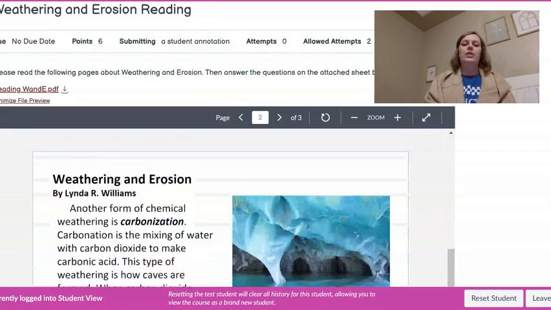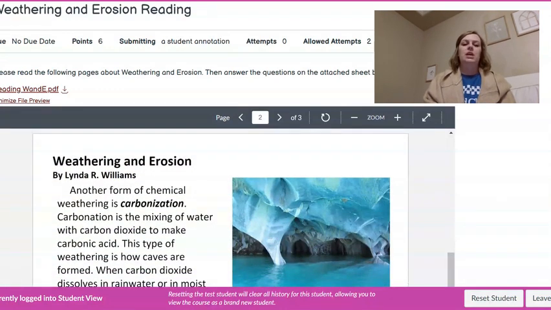Okay, on to page 2, weathering and erosion. Here, another form of chemical weathering is carbonization. Carbonization is the mixing of water with carbon dioxide to make carbonic acid. This type of weathering is how caves are formed.